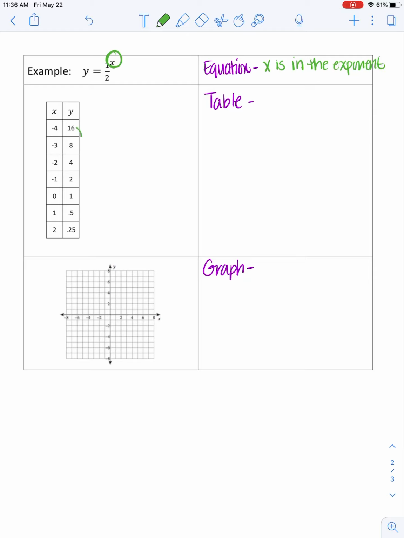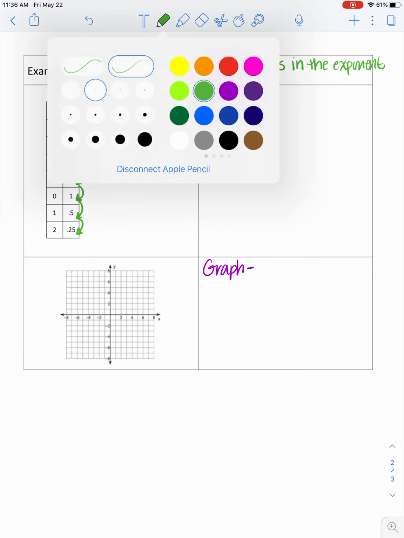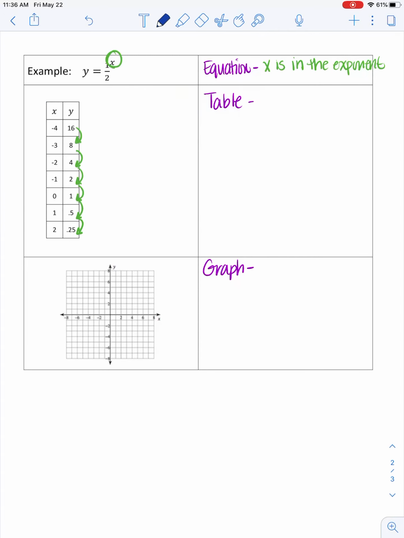Then we're going to take a look at this table and see what's going on here. This one probably jumps out at you a little bit quicker. 16 divided by 2 is 8. So we're doing this divide by 2 all the way down.